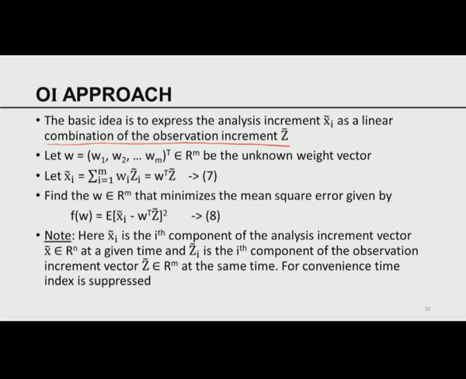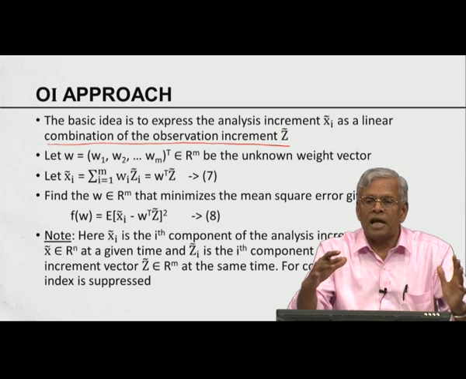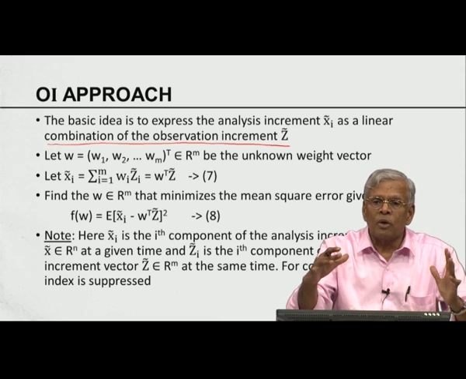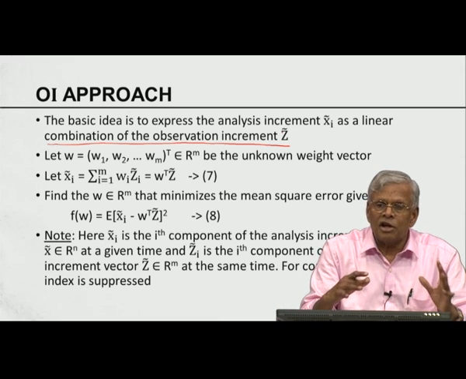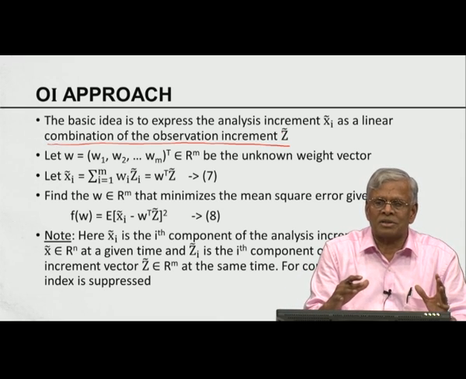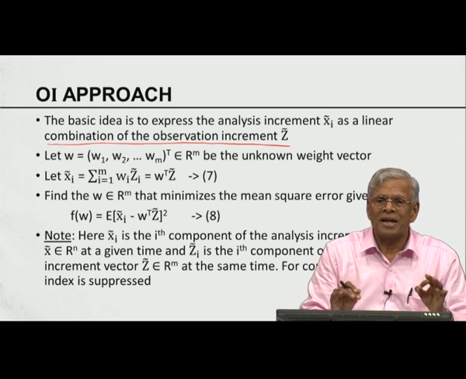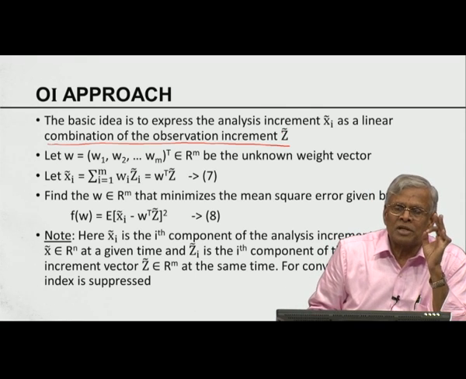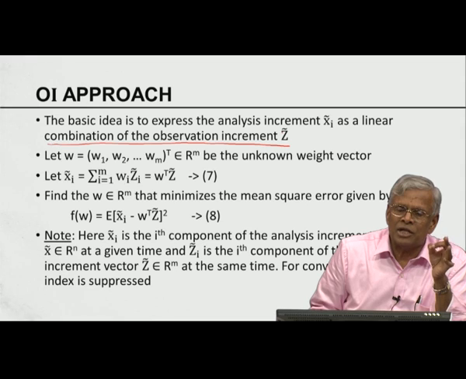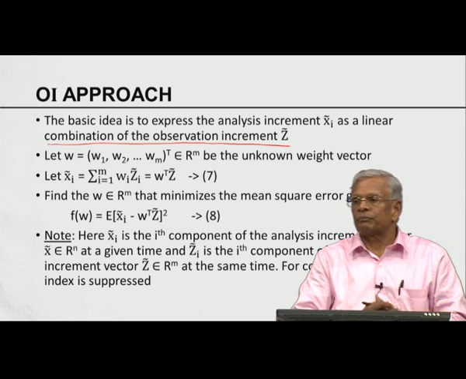Now I have to concoct a model that relates the known to the unknowns. X i tilde is not known, Z tilde is known. So I am going to confine my attention to a class of estimators where X i tilde is expressed simply as a linear combination of the elements of Z tilde.